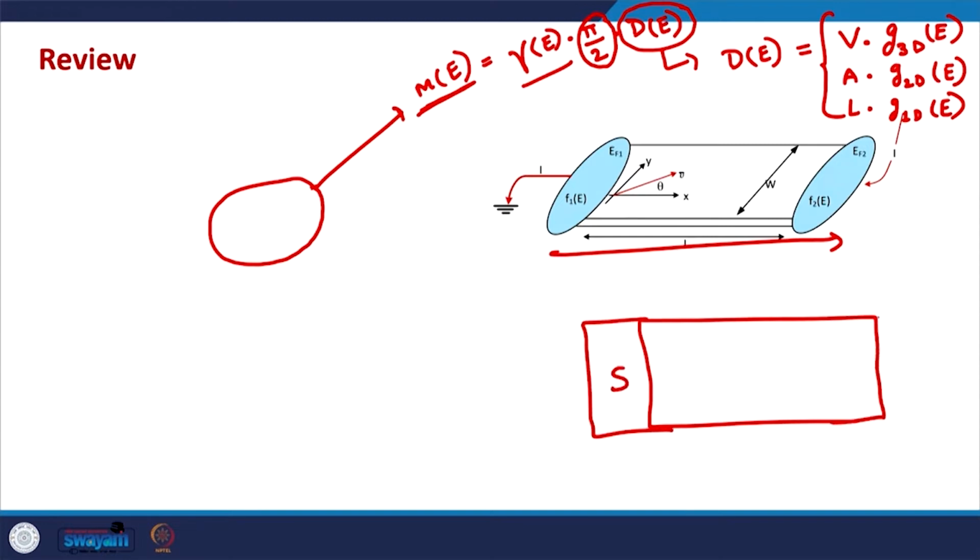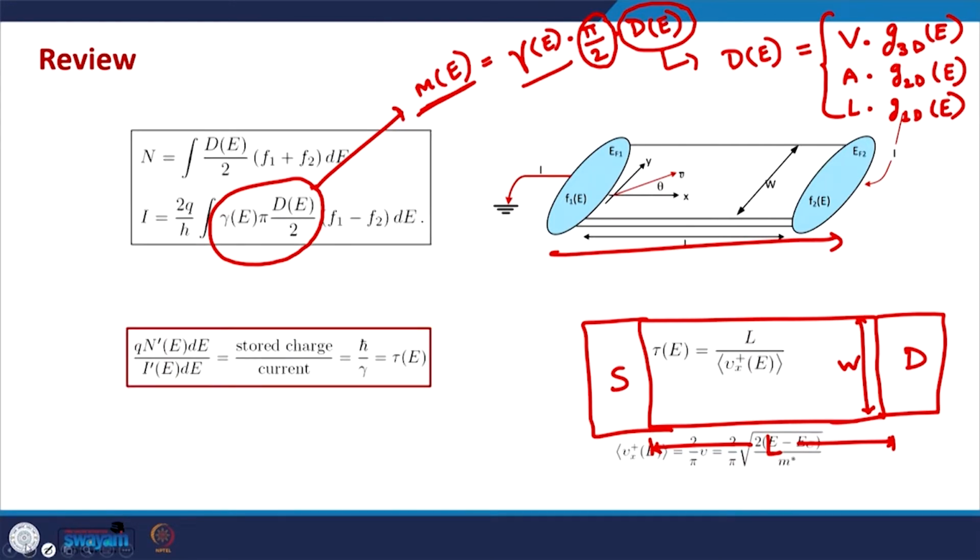We have a source, we have a drain, and we have a 2D channel. There is a length, and we also have a width, which is denoted as W. In this kind of setup, we saw that in order to calculate gamma E, or in other words, to calculate tau E, which is essentially h bar by gamma E, we need to find the ratio between the stored charge in steady state divided by the current.